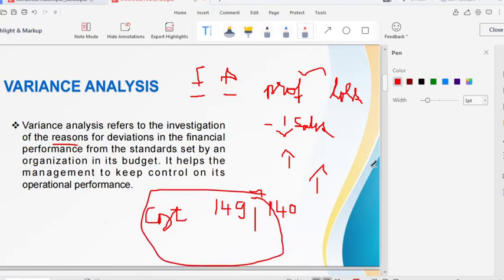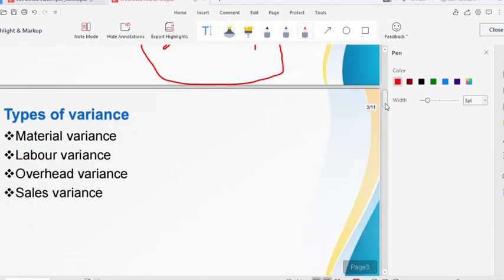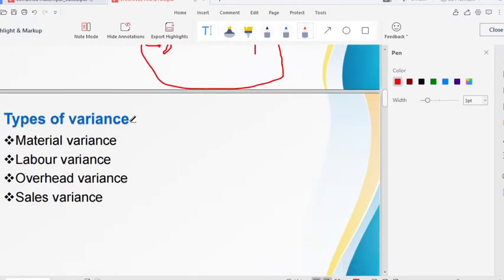But in reality, why there are differences, that we have to see. See here, the types of variances. In costing we have learnt already the material, labor, and overheads, right? In material also there will be variances when we purchase the goods. In labor, when we make the payment, there might be changes, and in the overhead also there might be changes.